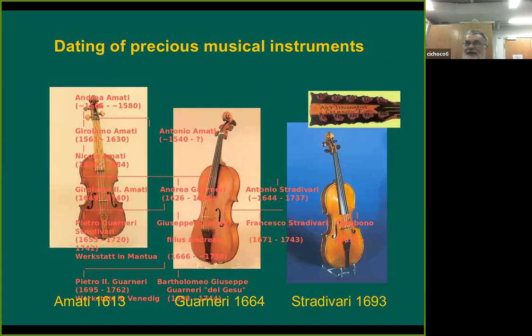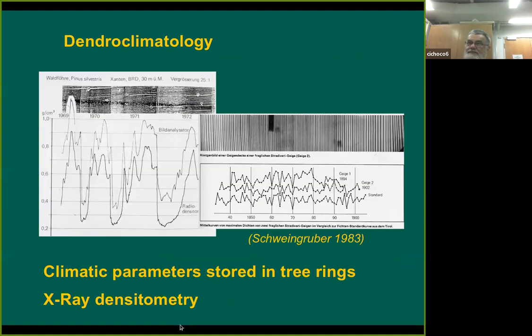So luckily, the upper part of this body is made of spruce, and those builders of these instruments had their favorite woods where they took trees from. So usually instruments are made of the same tree, or at least from a very neighboring tree, and the wood patterns of these sets of data are really astonishingly similar. So with the help of dendrochronology, such instruments can be dated to a high degree of certainty.